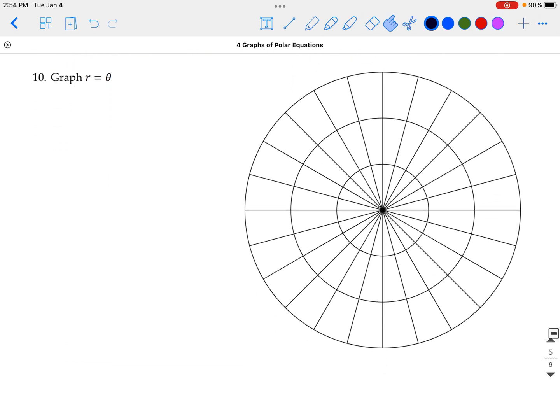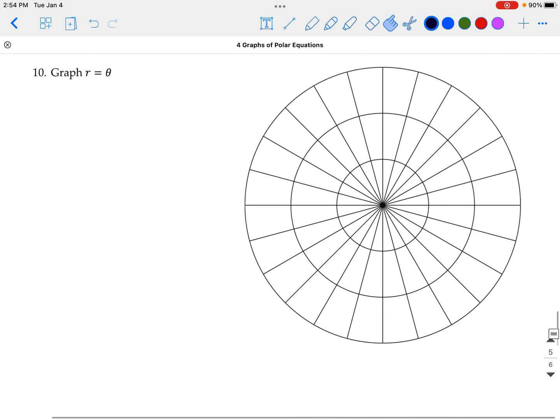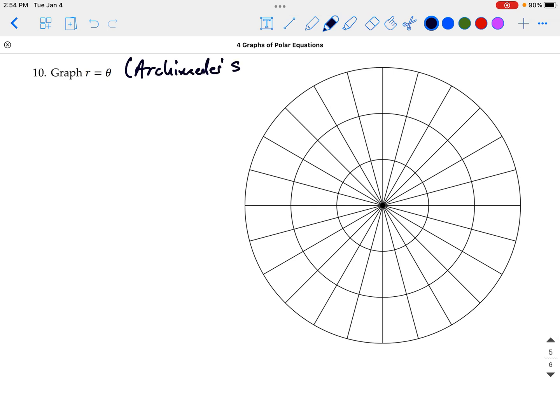And our last graph here is the graph r equals theta. So this is an interesting graph. This is called Archimedes' spiral. And we'll see why in a moment. So we'll note r and theta are going to match here.